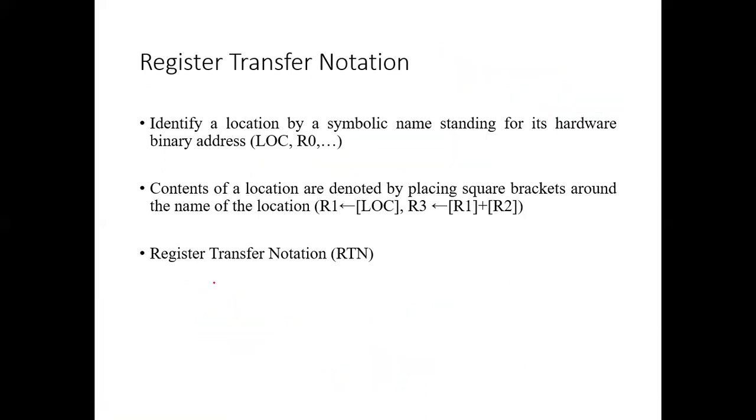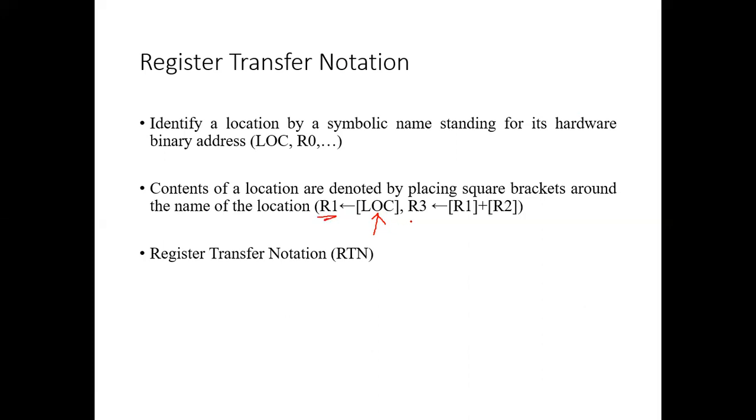For example, the contents of a location are denoted by placing square brackets around the name of the location. So R1 arrow [LOC] means that the content of the memory location specified by LOC will be moved into R1.